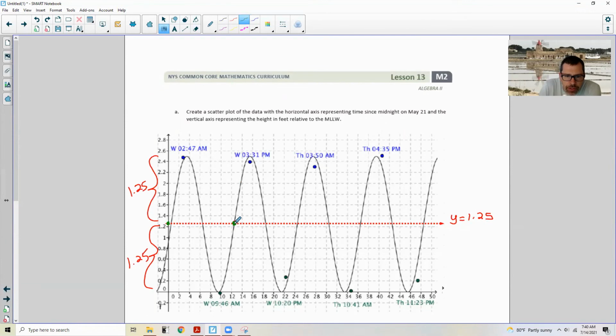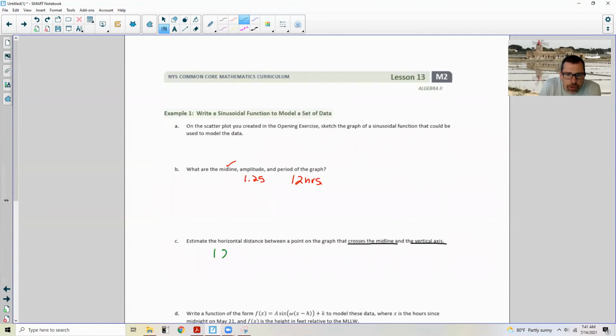So here's a point on the graph that crosses the midline. What is that distance? Okay, and it looks like it's about 12 and a half hours. So 12.5 hours.